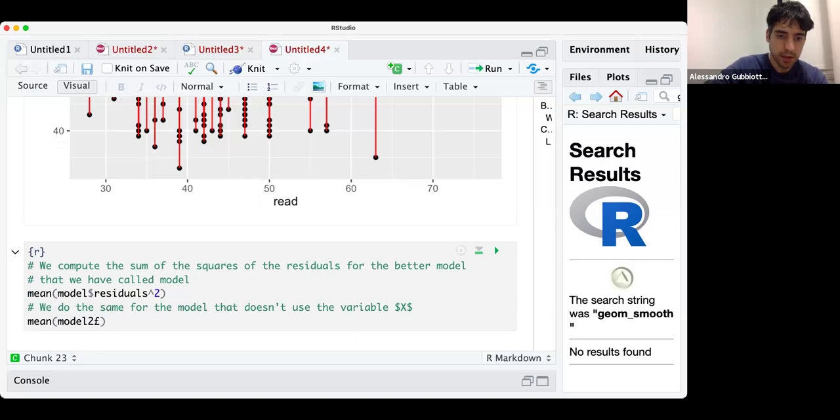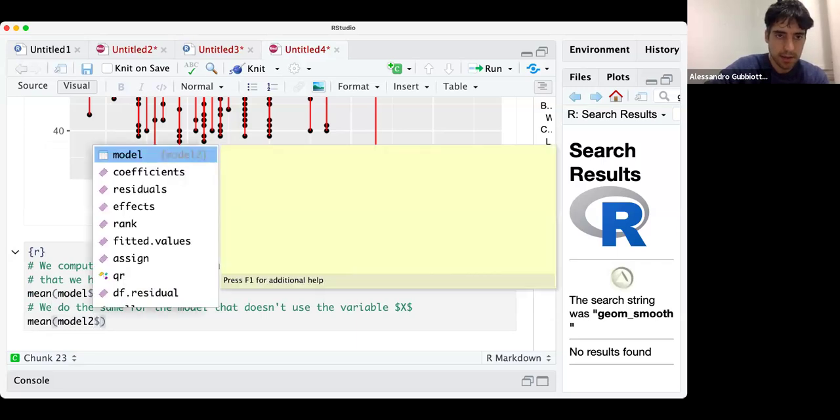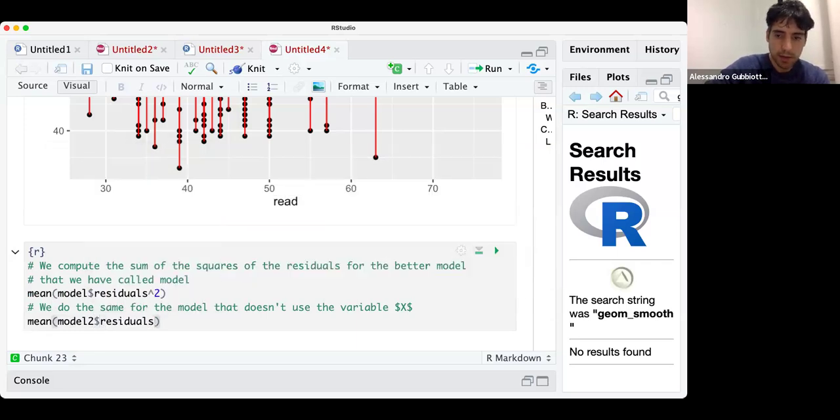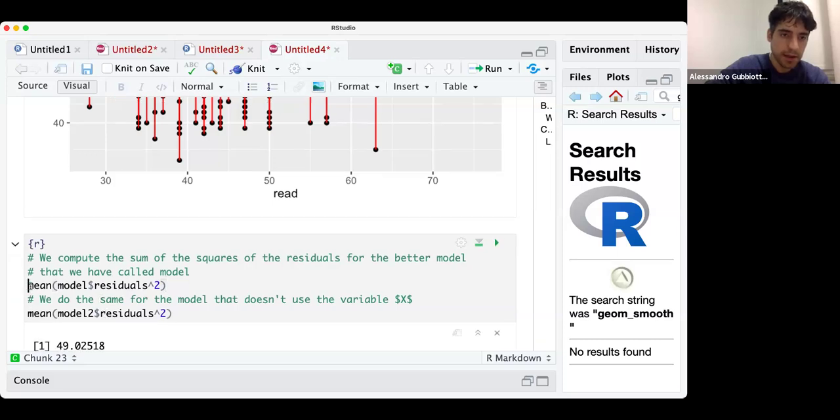We can write exactly the same thing with the residuals of model 2, and take the square of them. These are the total sum of squares. So this is the residual sum of squares, and this is the total sum of squares.